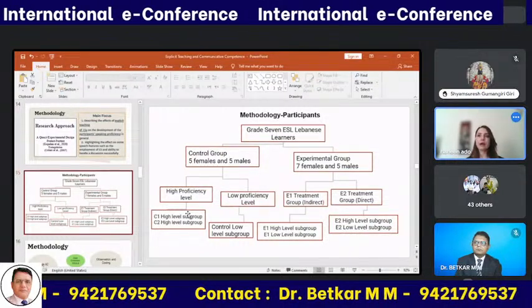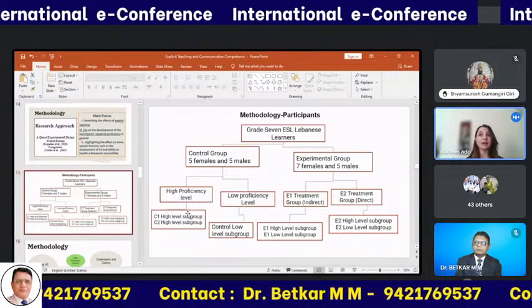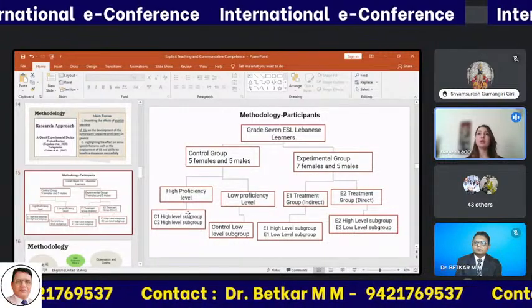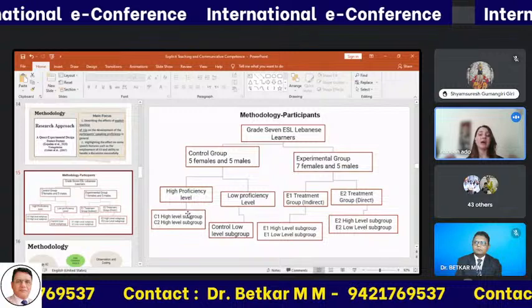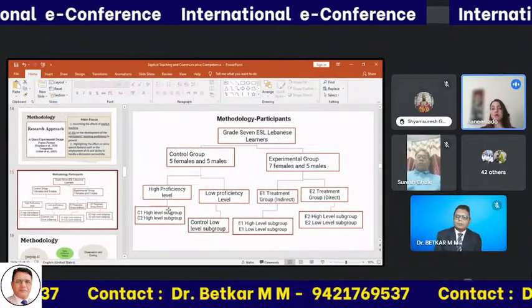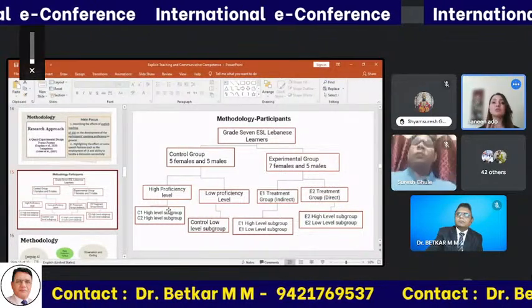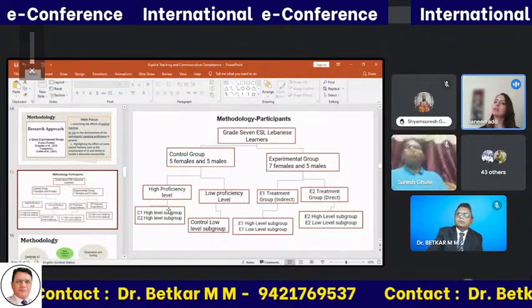So I had an emergency plan. I changed my mode or the channel, and I used the Microsoft Teams platform, and I integrated technology in my research. The only population that I had access to was 2 sections of grade 7 learners.